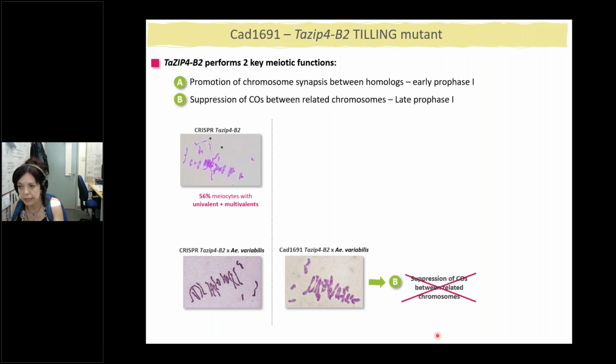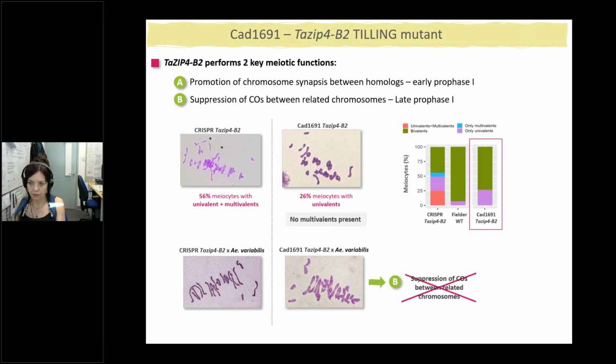That was absolutely clear. However, there was a difference between the CRISPR and this TILLING mutant in wheat itself. So in the CRISPR mutant, about half of the meiocytes showed abnormalities at metaphase I. However, the TILLING mutant only showed 26% of abnormalities with no multivalent presence.